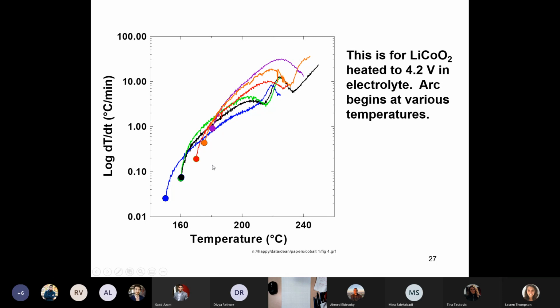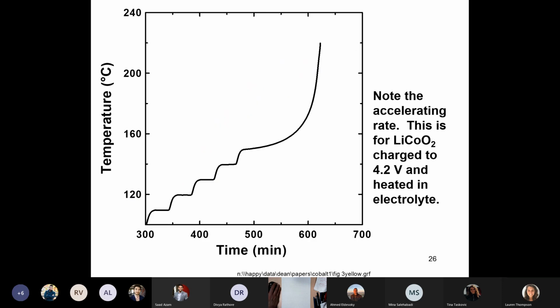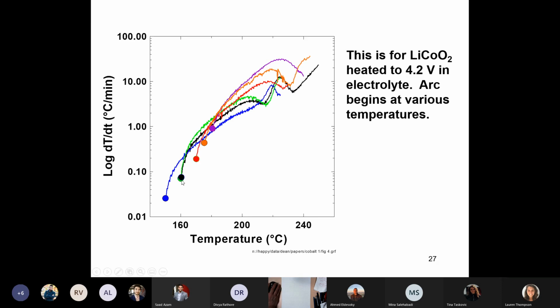So what that means is we forced it into a range where the reaction was already going at an appreciable rate. And that's why the self-heating rate is appreciable at that temperature.